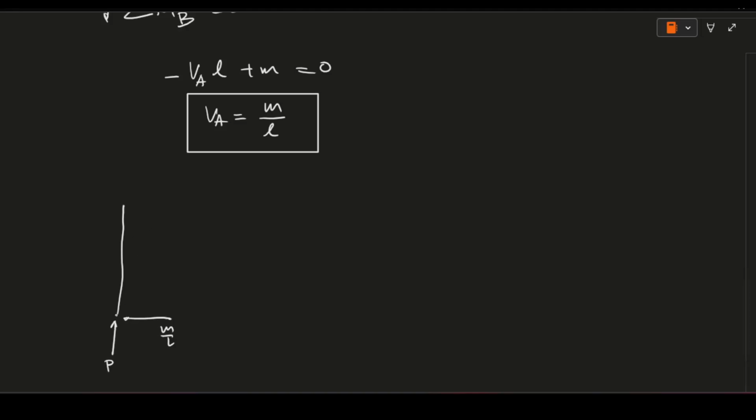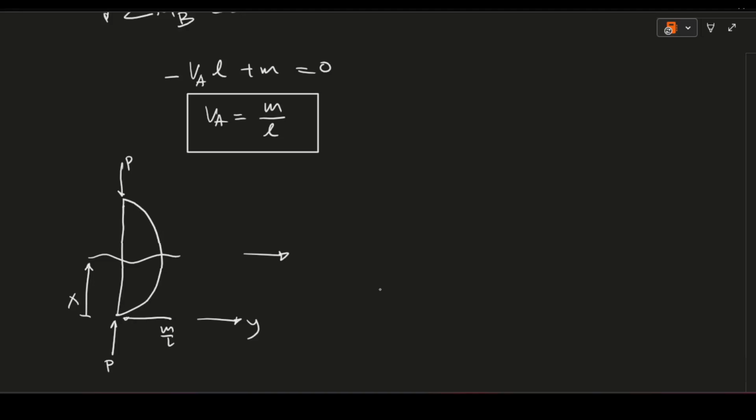This will deflect, it will buckle, something like this. That's very exaggerated, but you get the point. We have a P here. We can cut the beam at some distance x, and this is some y.